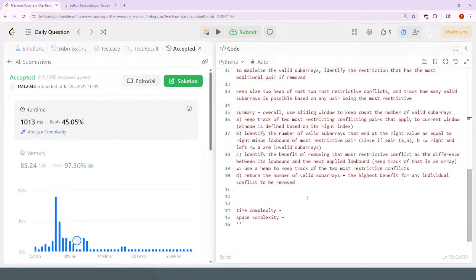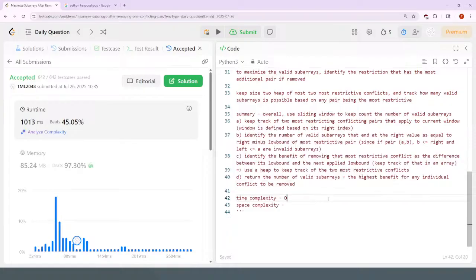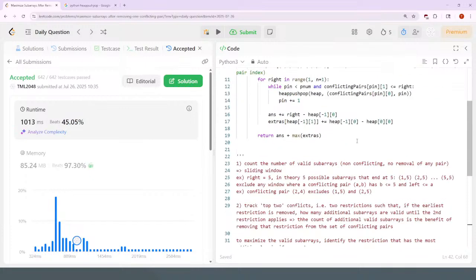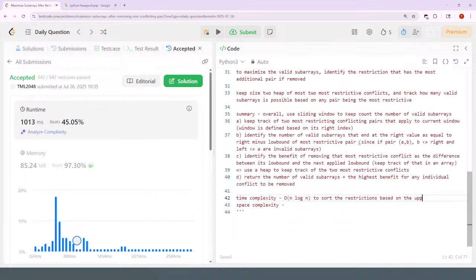Okay, and then time complexity, this can be O of n log n to sort the restrictions based on the upper bound of the pair, and O of n to iterate over.